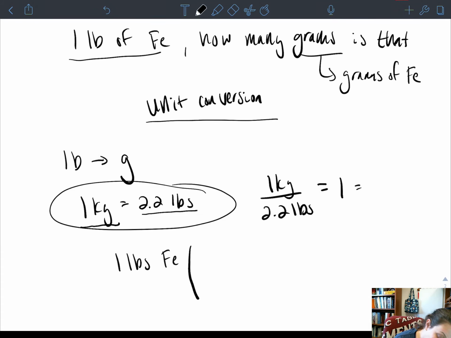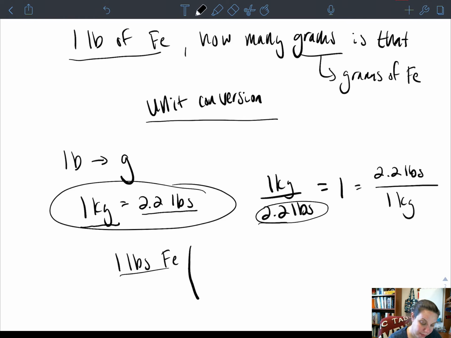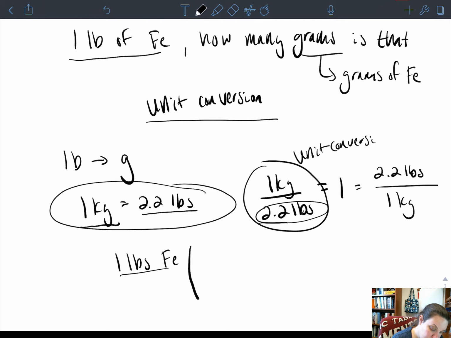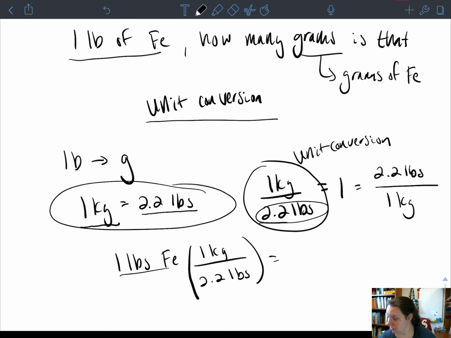And that's also equal to 2.2 pounds over 1 kilogram. Here we have pounds on the top, so you need pounds on the bottom. So we would use this unit conversion. And the 1 kilogram would be on the top, 2.2 pounds, divided out.